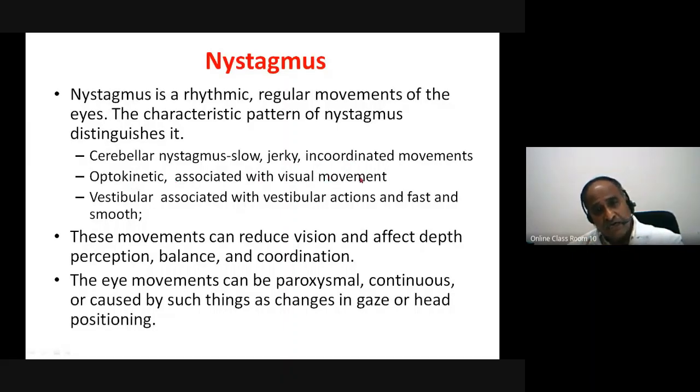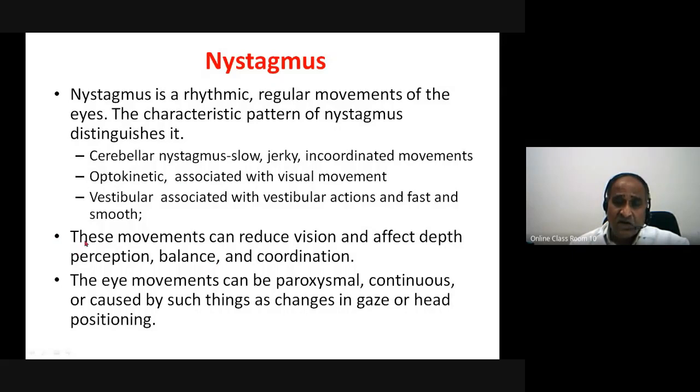Optokinetic is associated with visual movement. The vestibular is associated with vestibular actions, changes in head position or neck position, or acceleration or other gravitational things. But they are fast and smooth.